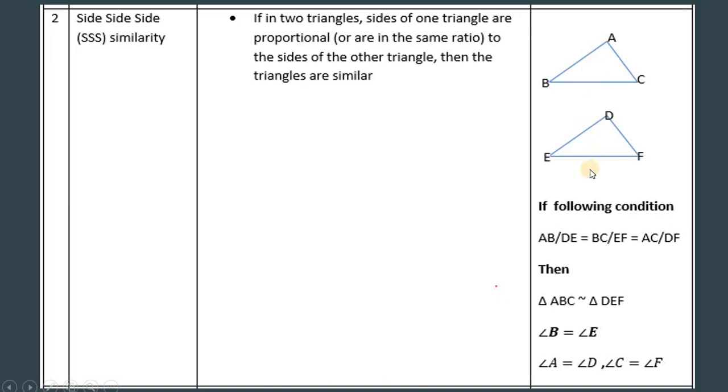As we saw in previous slides, the corresponding side of AB is DE, of AC is DF, and of BC is EF. So AB upon DE equals BC upon EF equals AC upon DF. Then triangle ABC is similar to triangle DEF, and angle E equals angle B, because equal ratios of sides make the same angles.